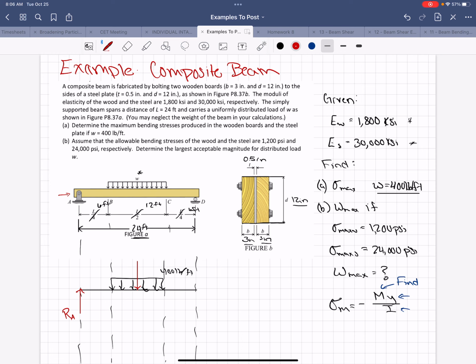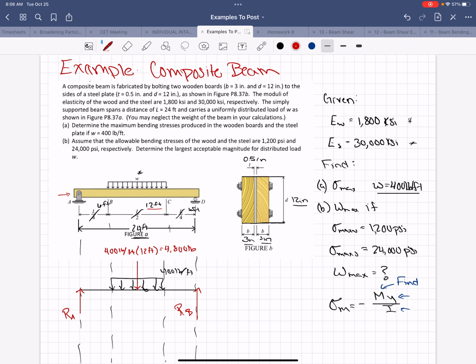And that is going to be 400 pounds per foot. It acts over 12 feet, so times 12 feet, and we get that this point load is 4,800 pounds. And then we have a reaction at B.